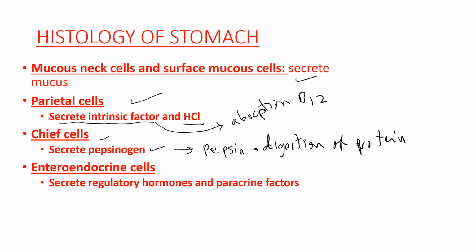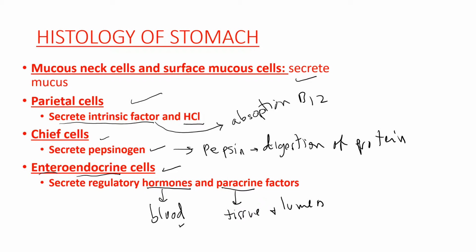Finally, there is a population of enteroendocrine cells at the bottom of the stomach pits or glands. These enteroendocrine cells are going to secrete hormones into the blood and paracrine factors into tissue and lumen.